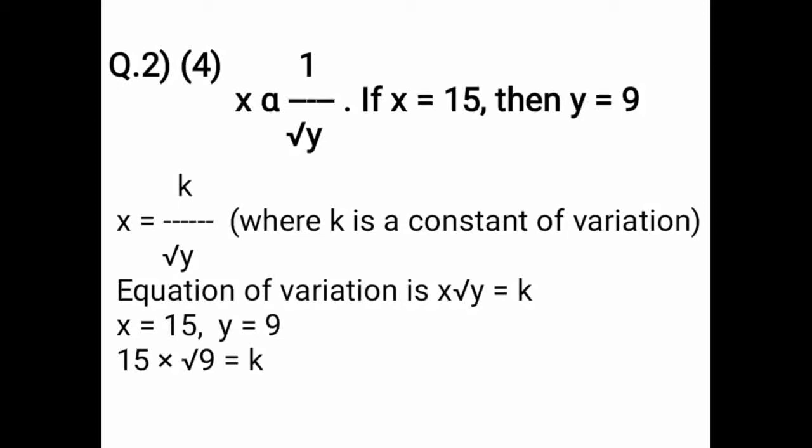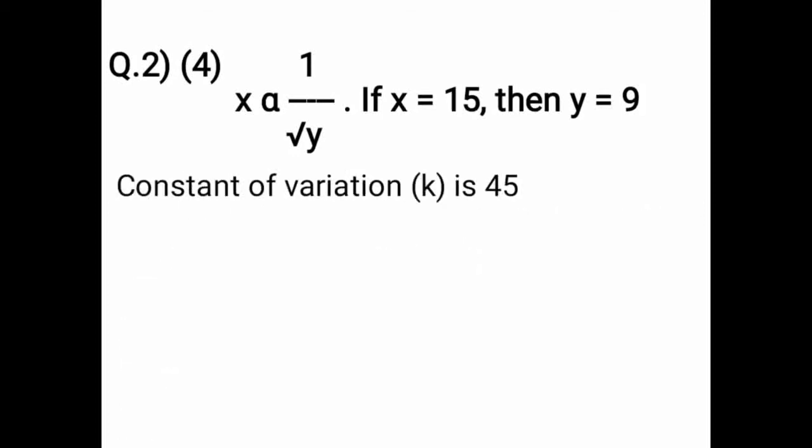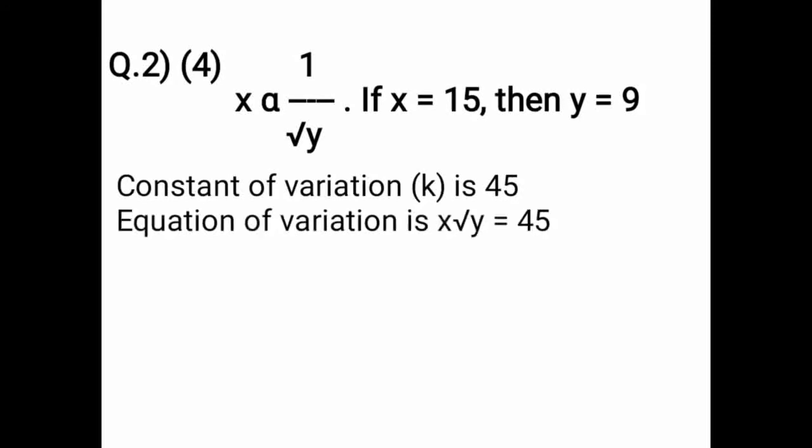Square root of 9 is 3, because 3 threes are 9. That is 15 into 3 is equal to K. Multiply this. 15 threes are 45. Therefore K is equal to 45. Constant of variation K is 45. Equation of variation is X square root of Y is equal to 45. I have already substituted the constant of variation K is equal to 45 in the equation of variation.